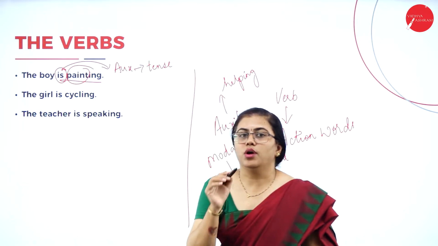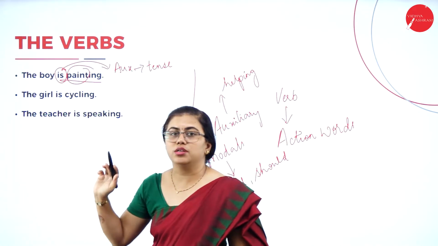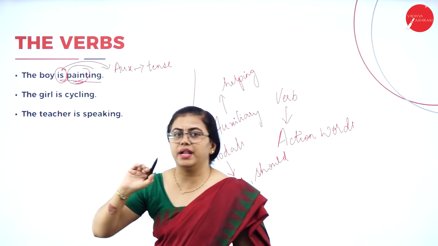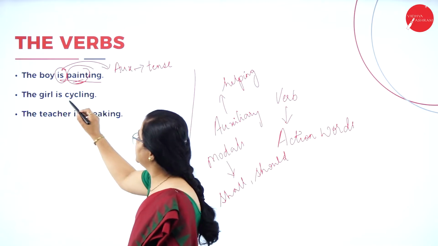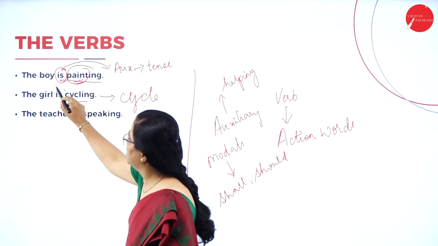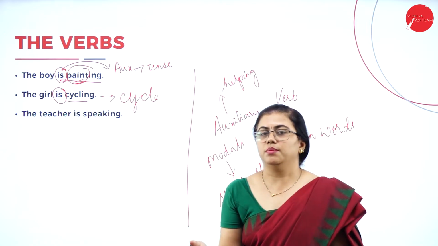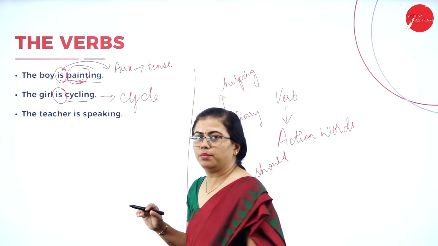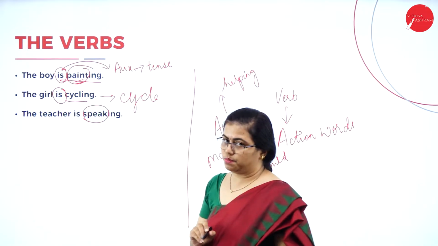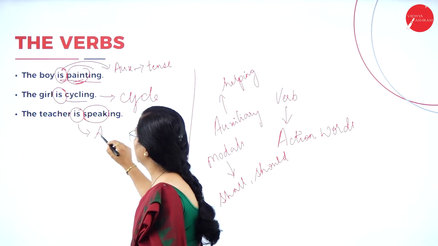Going to the next sentence, cycling: cycle is the main verb, is is the auxiliary verb. Next, the teacher is speaking: speak is the main verb and is is the auxiliary verb.